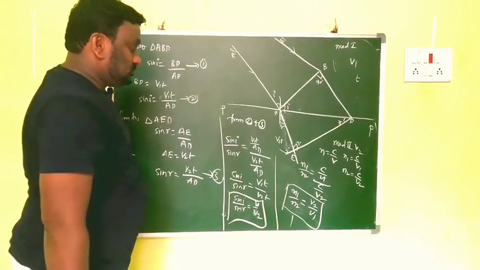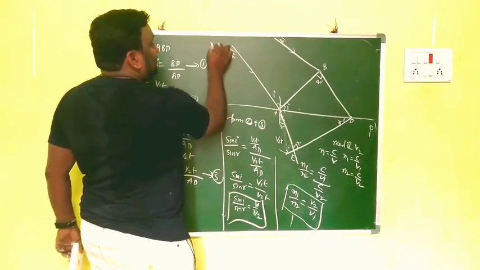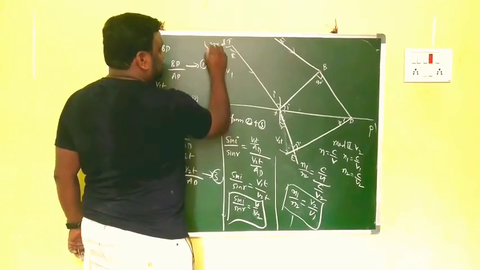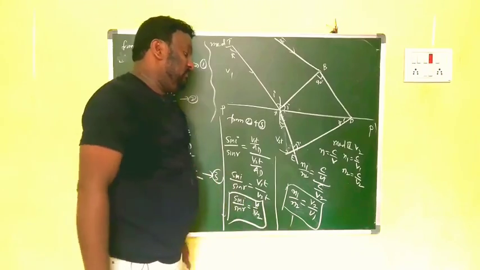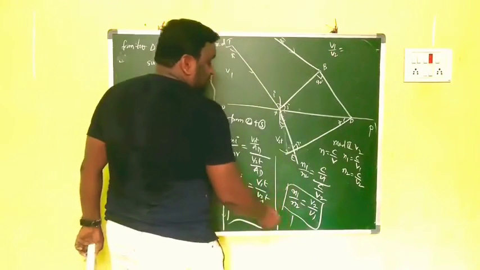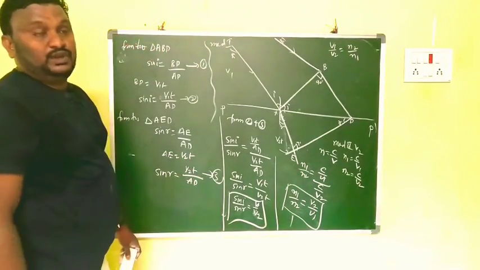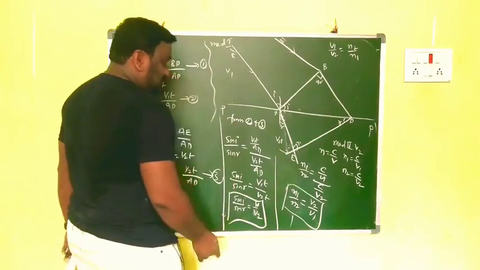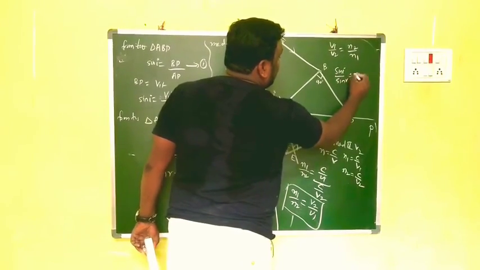This is the medium one and this is the velocity v1. So n1 by n2 is equal to v2 by v1. Then v1 by v2 is equal to n2 by n1. Now substitute this value of v1 by v2, n2 by n1. I am substituting that. Sin I by sin R is equal to what?